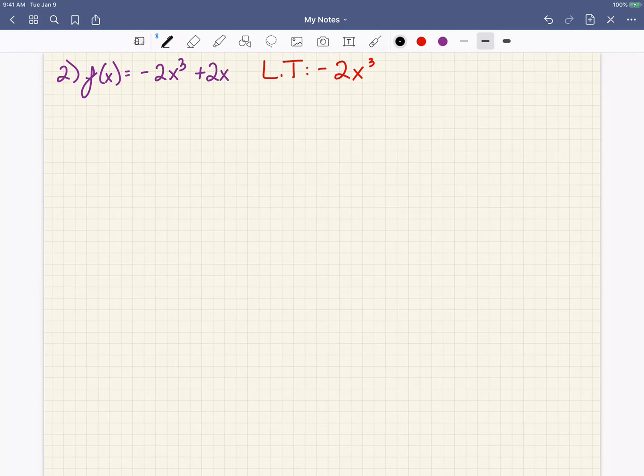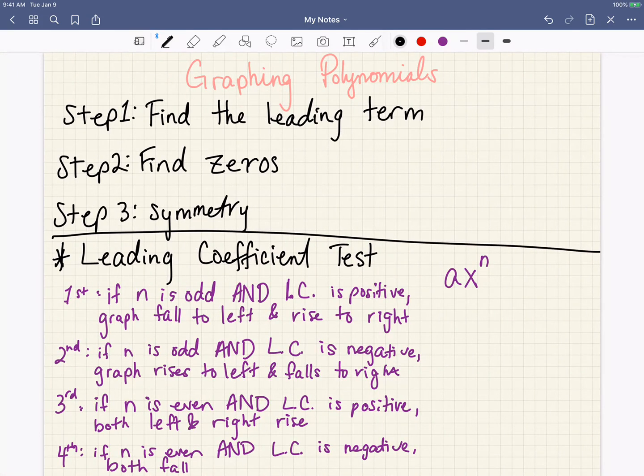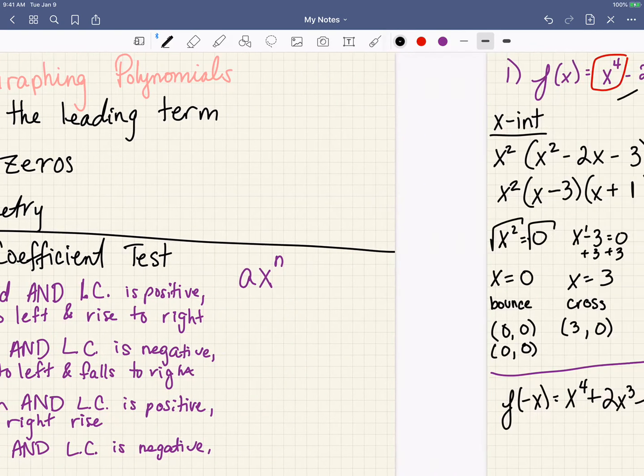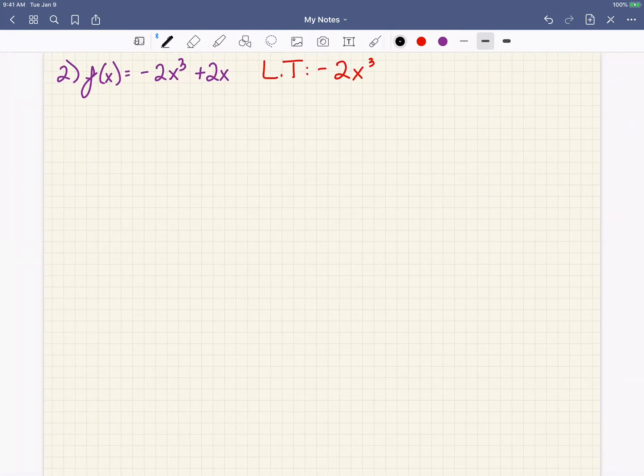If I go all the way back, so odd and negative, it's going to rise to the left and fall to the right. Something like that, right? We don't know because we haven't done the multiplicity, so we don't exactly know what it's going to look like, but we know at least the end behaviors.